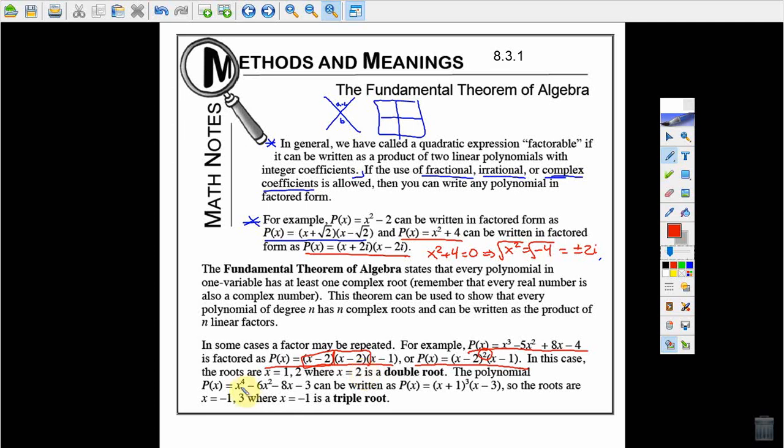Similarly, if you took this fourth degree polynomial down here, it ends up with a triple root of x plus 1 cubed times x minus 3. So we still have 4 roots for the fourth degree polynomial. It just requires that that be repeated 3 times.